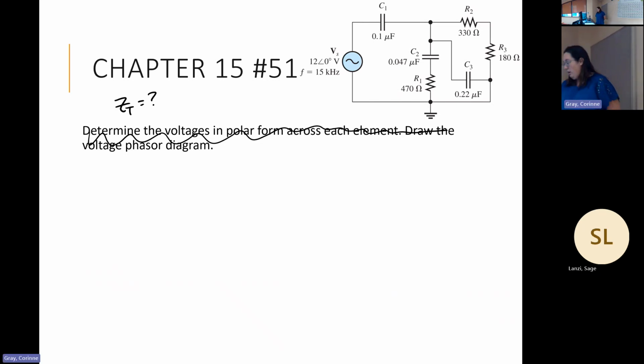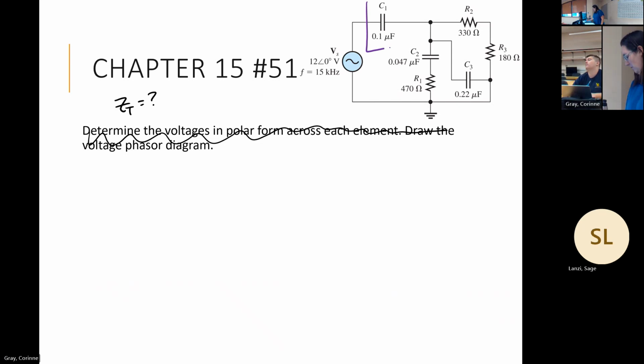So let's talk about what we have going on to start with. For C1, is it in series or parallel with any other circuit components? Series with the resistor. So it's kind of by itself. What we're going to do is put it in its own little box.